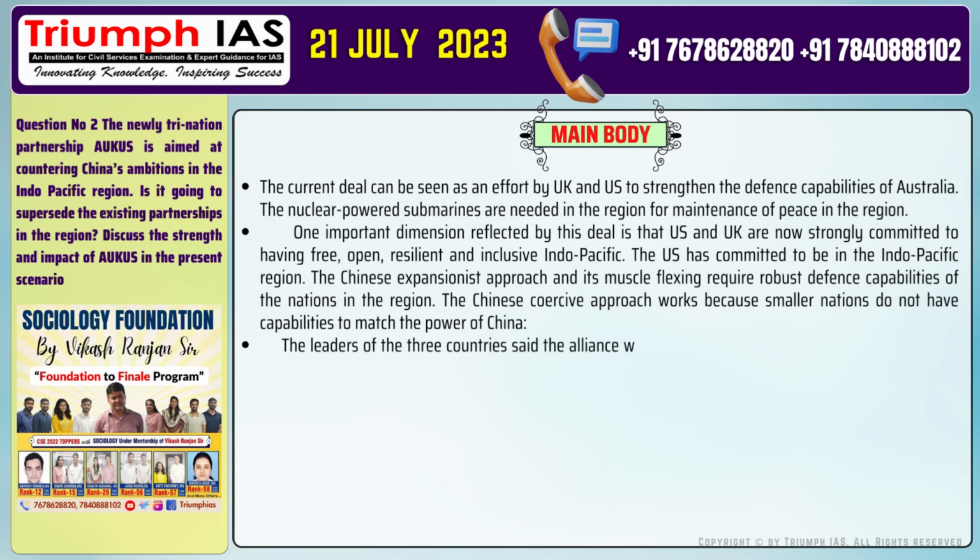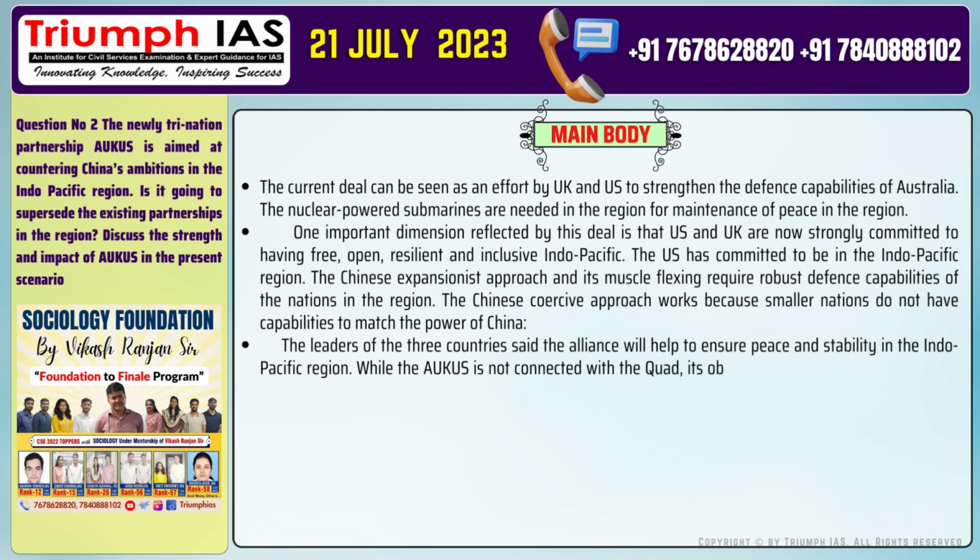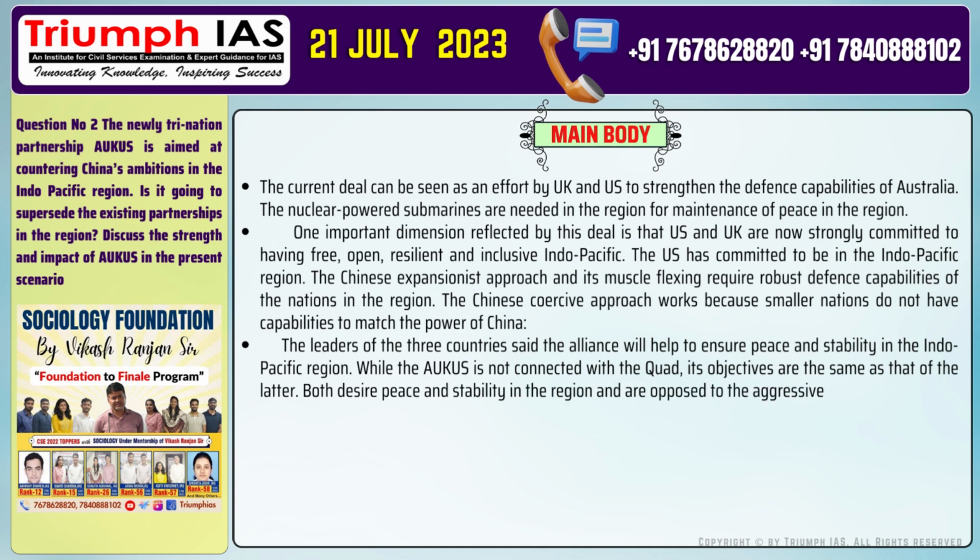Number 3. The leaders of the three countries said the alliance will help to ensure peace and stability in the Indo-Pacific region. While the AUKUS is not connected with the Quad, its objectives are the same as that of the latter. Both desire peace and stability in the region and are opposed to the aggressiveness of China. Number 4.